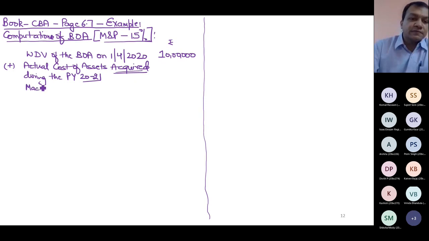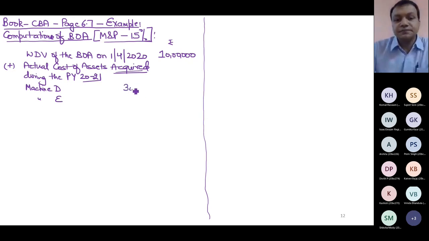Machine D and machine E. Machine D is acquired on 7th July 2020 and put to use also in the same previous year, 3 lakh. And machine E also acquired during the previous year 2021 and put to use in the same year, 4 lakh. Total 7 lakh.